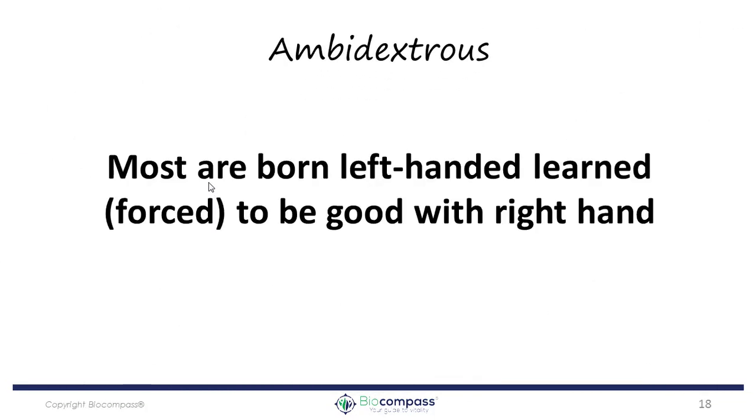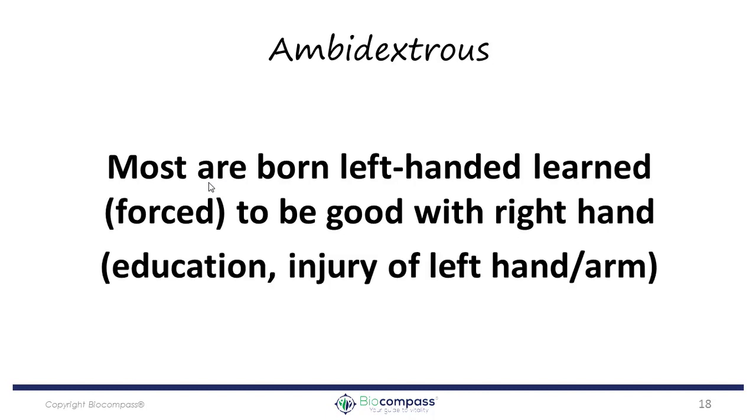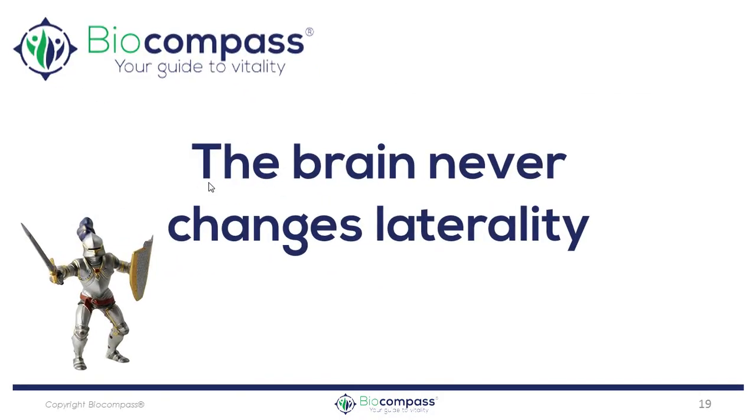So if a person can do a lot of things with the left hand and the right hand, ambidextrous, most of the born left-handed learned or were forced to be good with the right hand. So if somebody's really ambidextrous, they're probably left-handed. You can learn to be right-handed or left-handed by education, sometimes by an injury if you cannot use your right hand or left hand. But the brain never changes laterality.